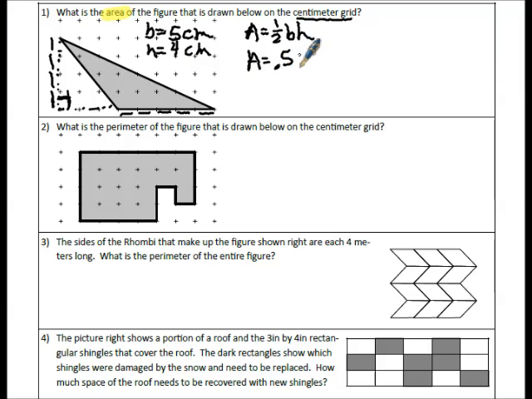So 1/2 is equal to 0.5 times the base, which is 5, times the height, which is 4. And 5 times 4 is 20, and if I take half of that 20, I'll end up getting 10. So the area is 10 centimeters squared because I'm covering it with squares. That's my final answer.